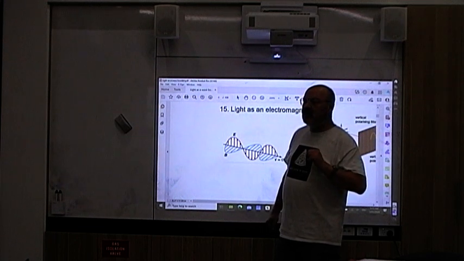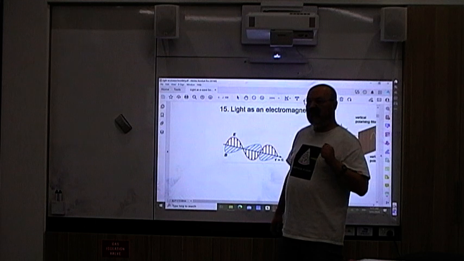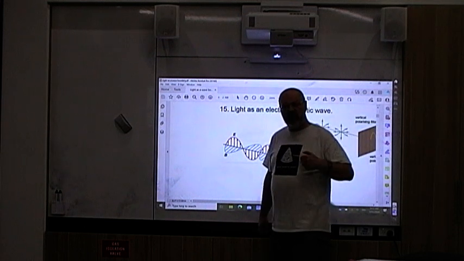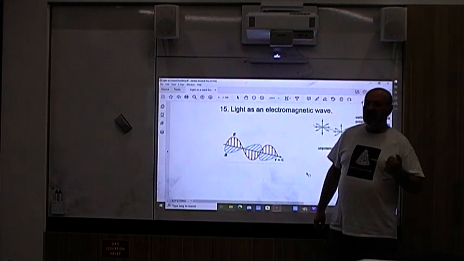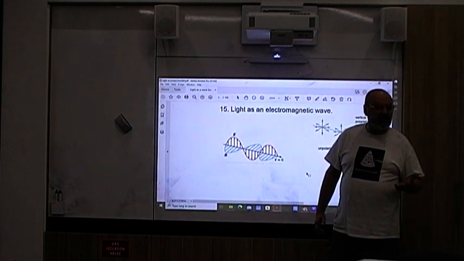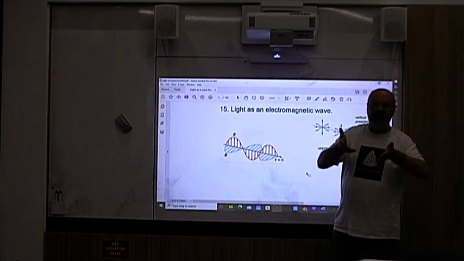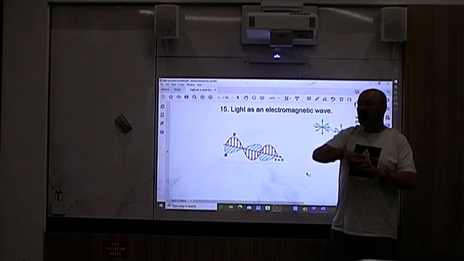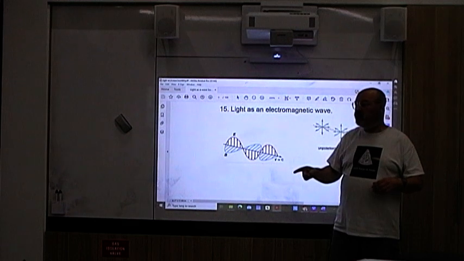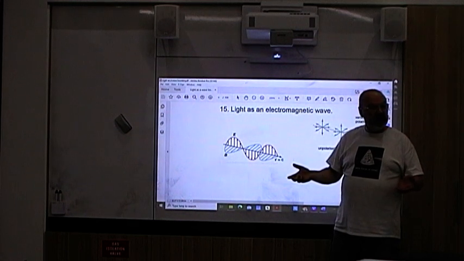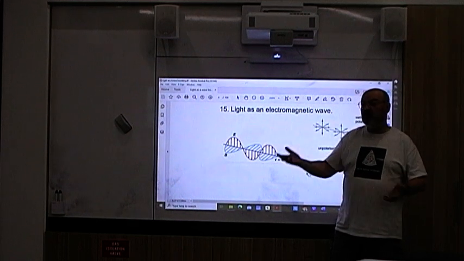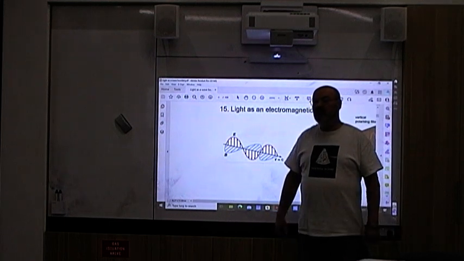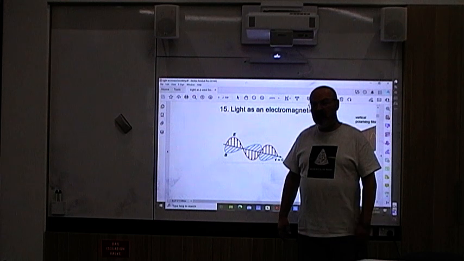Any accelerated charge creates an electromagnetic wave. This acceleration can be an electron accelerating from minus to plus, or moving in a circle, because remember, motion in a circle is motion with acceleration. It changes direction, changes its velocity, and that will create an electromagnetic wave.